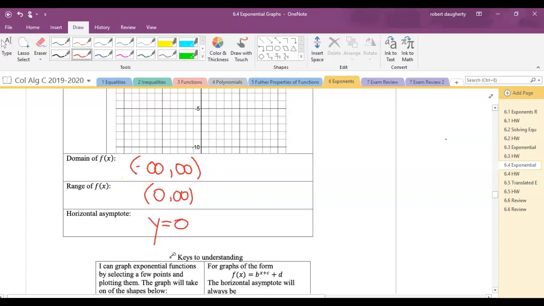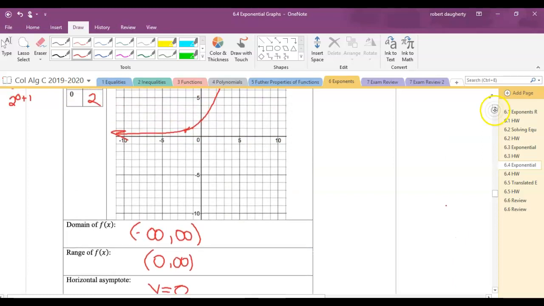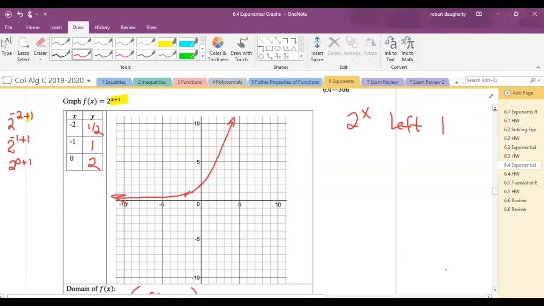Okay? Now, let me just go back on this particular one. If you don't like picking these points, like I said, the other way to do this, and you've got a choice of how you want to do this, is I could graph 2 to the x and then just move it to the left by 1. Okay, 2 to the x. How do I graph 2 to the x?